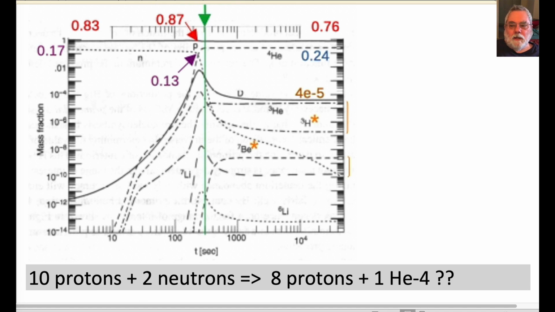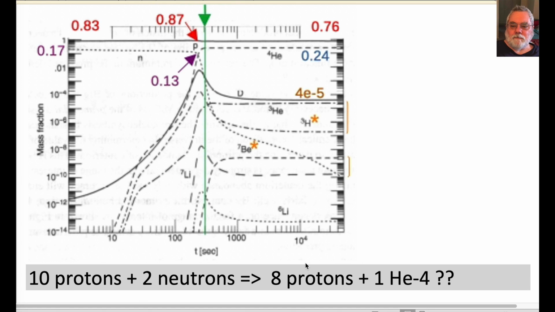Initially, there was 1 neutron to 5 protons, or 10 protons to 2 neutrons. The mass fractions were 0.83 for protons and 0.17 for neutrons. If all the neutrons had been completely incorporated into helium-4, 2 protons and 2 neutrons, we would have ended up with 1 helium-4 nucleus for every 8 free protons.